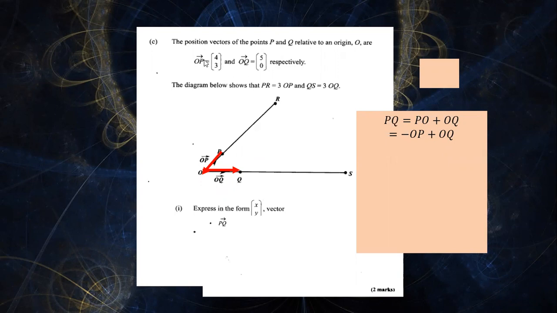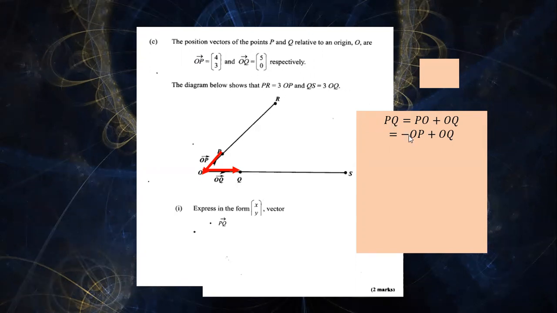I don't see PO anywhere. I see OP, but that's not a problem, because I can simply reverse the direction. PO is where I want to go, but I only have OP. So all I have to do is put a negative sign next to OP, and it becomes PO. So it's going to be negative OP plus OQ, which is what we have already.